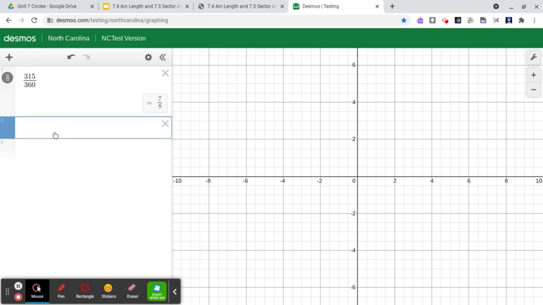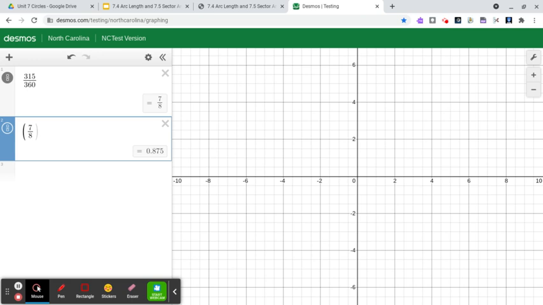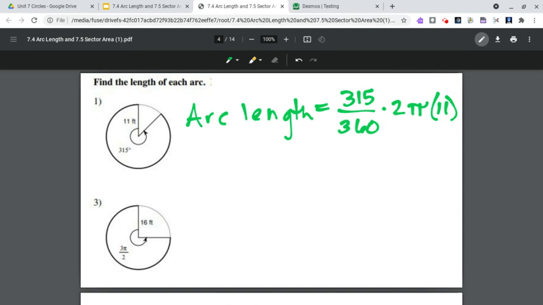And then I'm going to do 7/8 times, 11 times 2 is 22, so times 22. As a fraction that is 77 fourths. So in terms of pi, the arc length is 77 fourths pi feet.